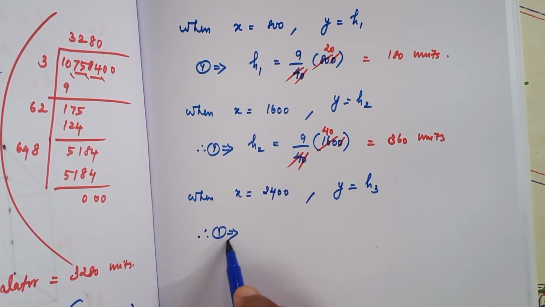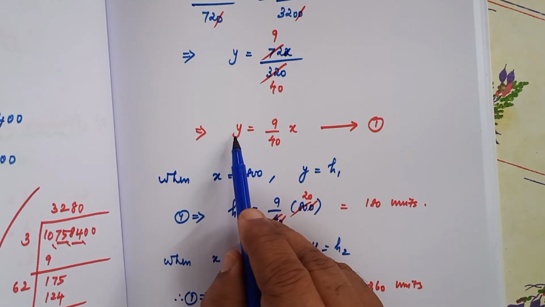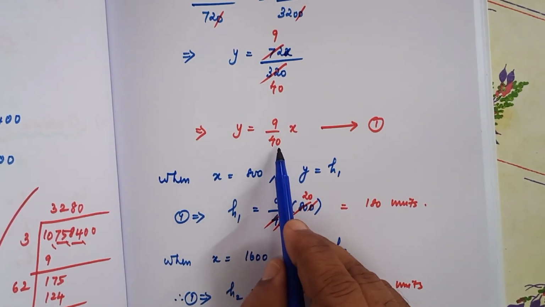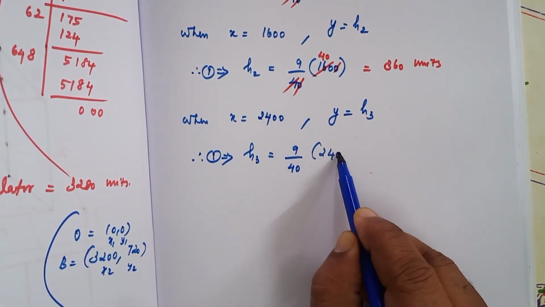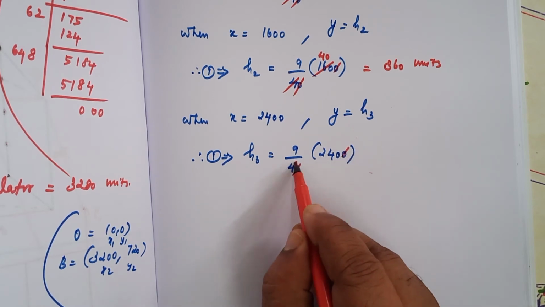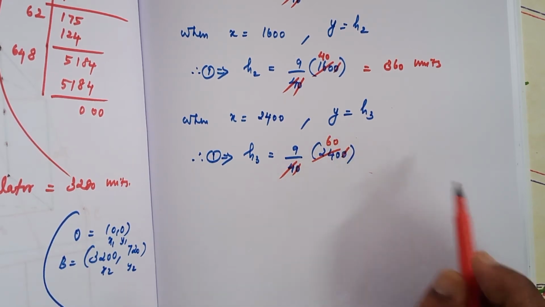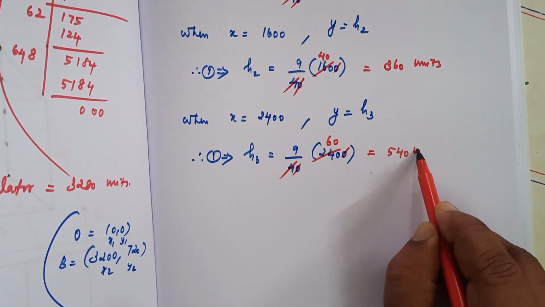Therefore, equation 1 implies h3 is equal to 9 by 40, as it is, into x, x is equal to 2400. Cancel the zeros, 4 sixties equals 9 into 60 equals 540 units.